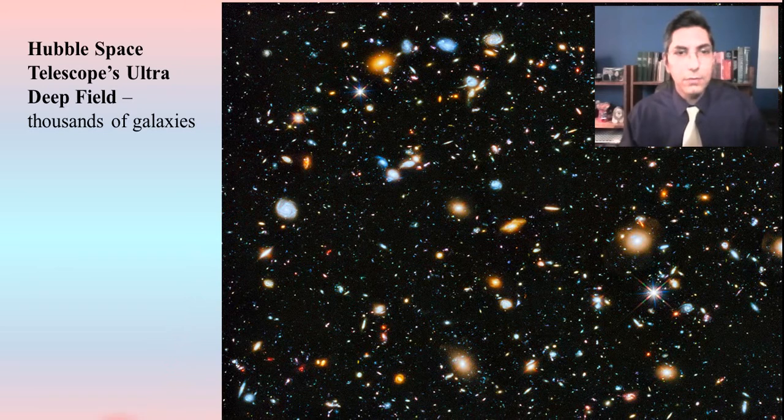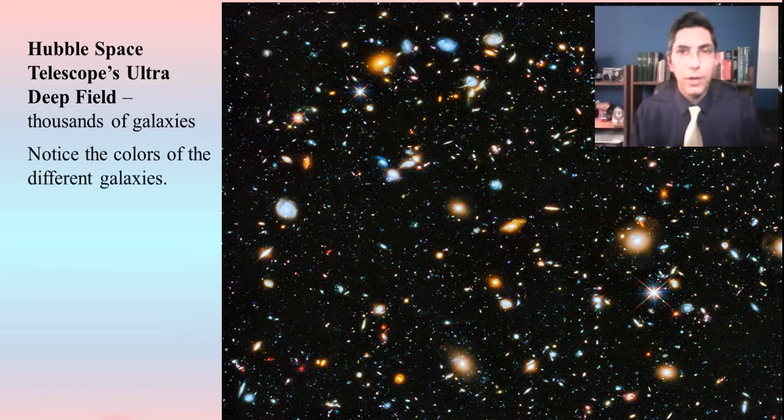Now, as you look at this impressive image here, I want you to notice for a moment the colors of the different galaxies. So we have some galaxies that look like they're almost a pale blue color. There are some that look to be an orange or a yellow color.